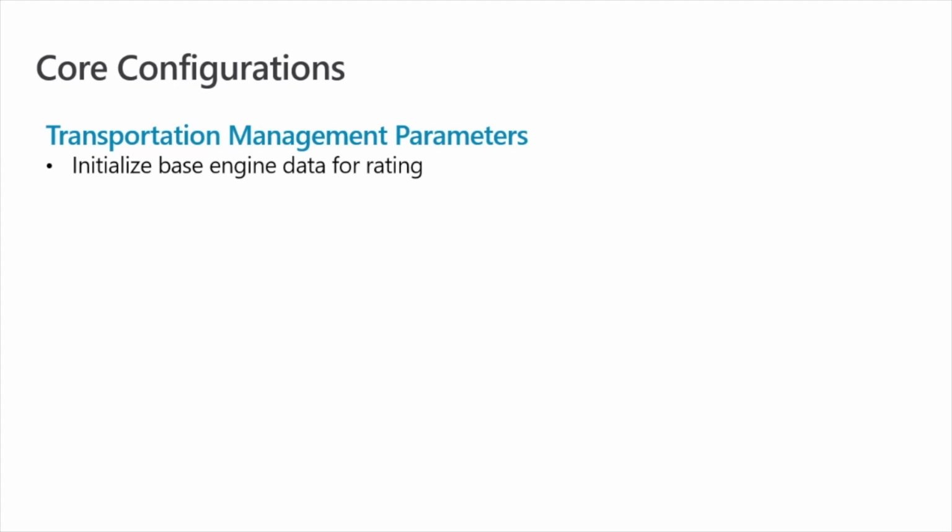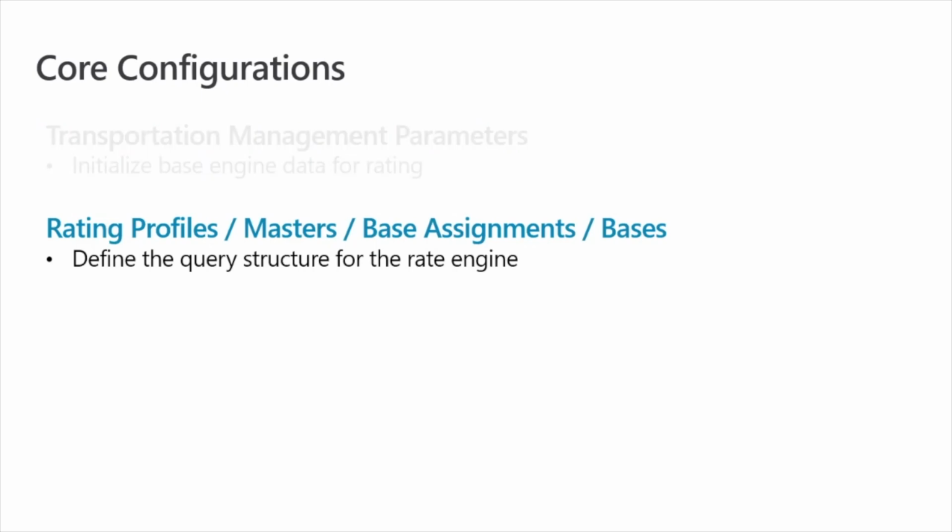We need to do that for all of our engines within the transportation management module so they are populated with all of the default information, so that users do not have to set up all of those engines manually. That's just a one-time setup anytime you have a new environment.